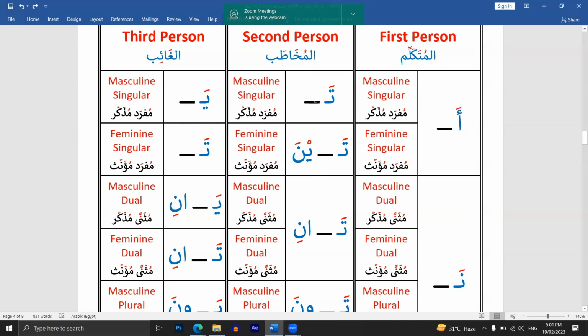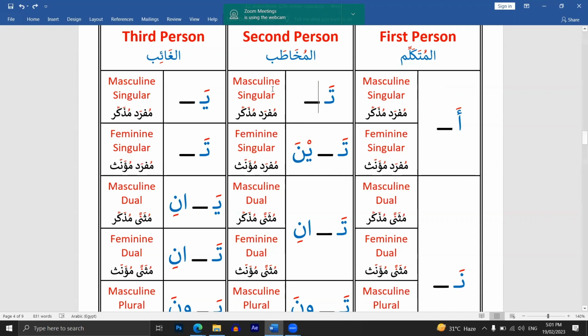Anyway, the only way to differentiate between the two ta is the context. There is no way you can differentiate تفعلوا or تفعلوا. I hope you get the point. With some examples, we will clarify it, inshallah.